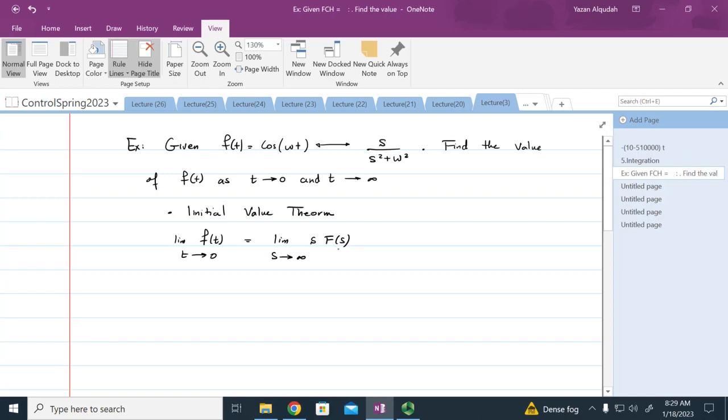Again, from the property. What is this going to equal? The limit as s goes to infinity. We had s multiplied by s, we're going to have s squared over s squared plus w squared. What is this limit going to equal to?